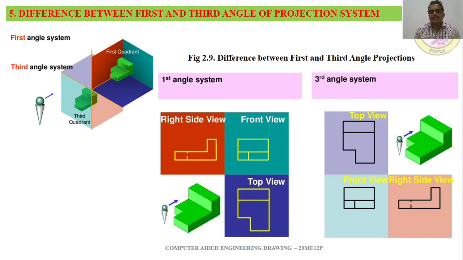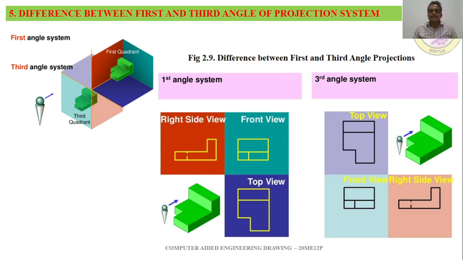Now remember two important points with respect to this session: we have four quadrants. In order to get the orthographic view of any object, we have to put that object in one of the four quadrants. But generally we use first angle projection and third angle projection. In first angle projection, the object will come in between the observer and the plane. In third angle projection, the plane will be in between the object and the observer.